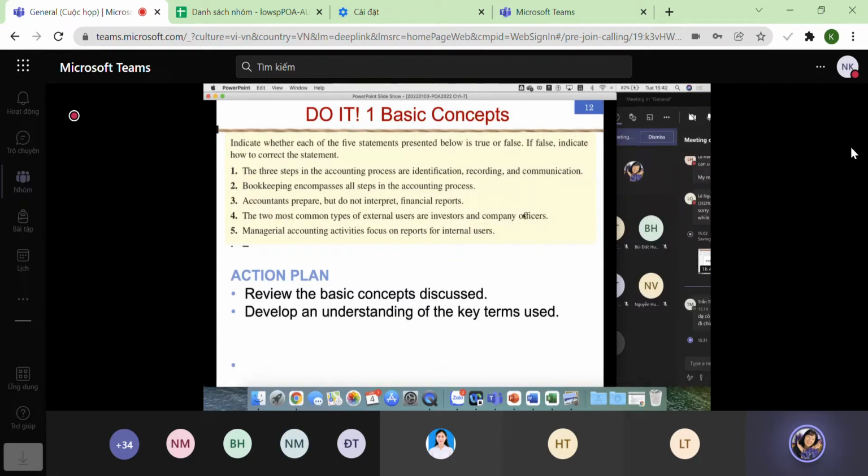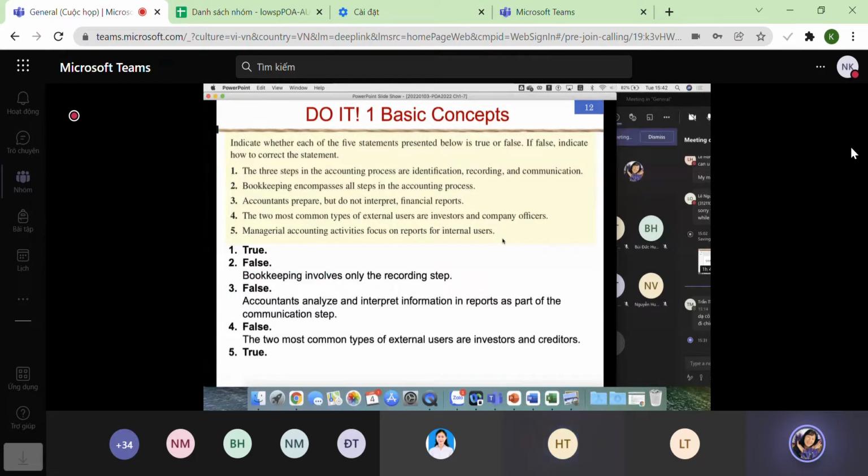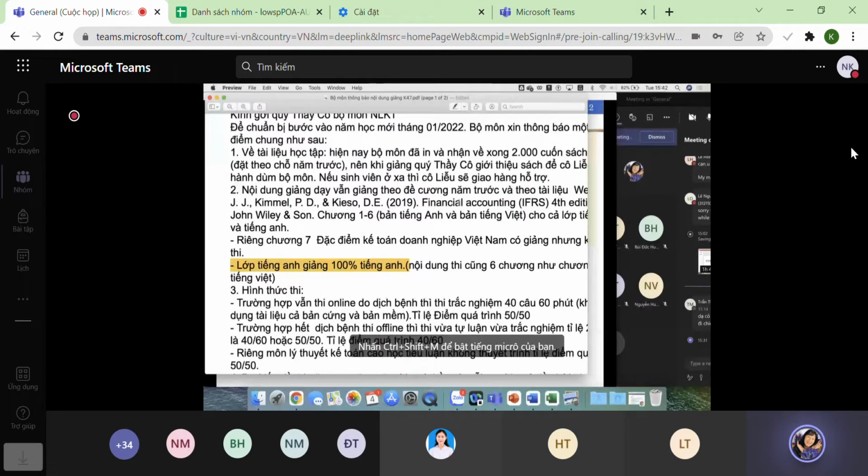We correct by replacing these words with investors and creditors. Number 5, managerial accounting activities focus on reports for internal users. True. So for true or false, I just brought it from the textbook to this slide. For example, we have this textbook.